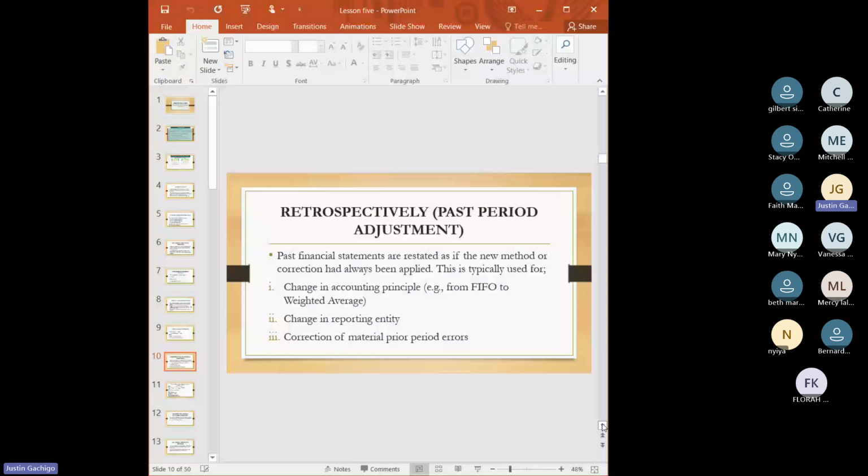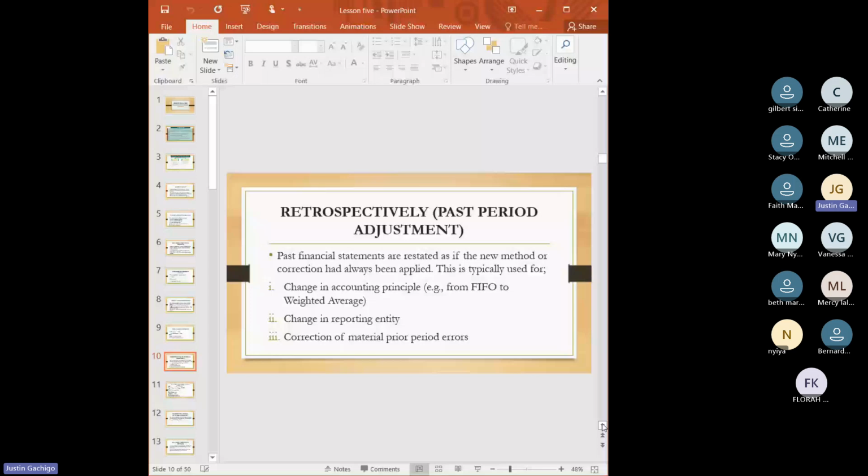So for example, if you are talking about changing the accounting principle from FIFO to weighted average, in this case, what you need to do, if for example it's an asset, you look at the inventory, you need to look at when was this inventory bought, and then you revalue that particular inventory using now the other method.